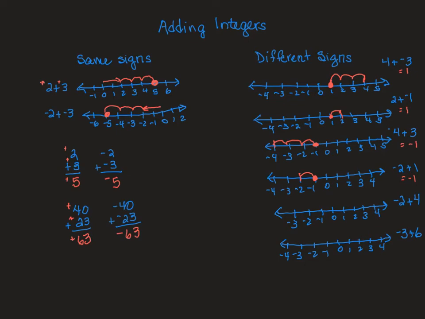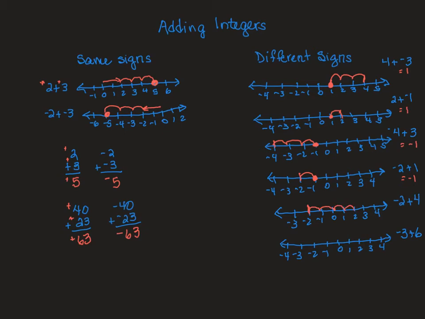So let's go to the bottom. The next one, number 5. -2 plus 4. So I'm starting at -2, okay, and I'm going +4. 1, 2, 3, 4.